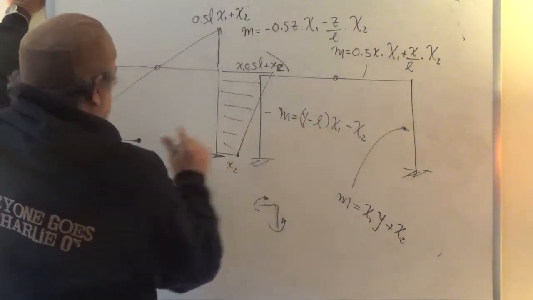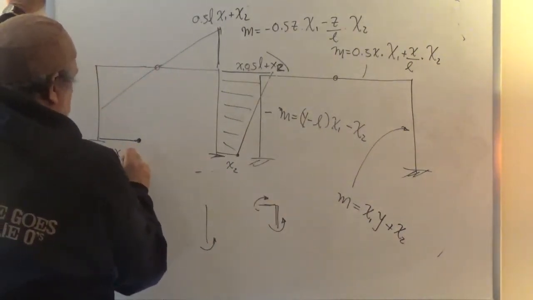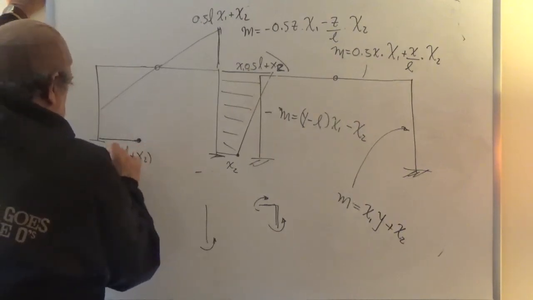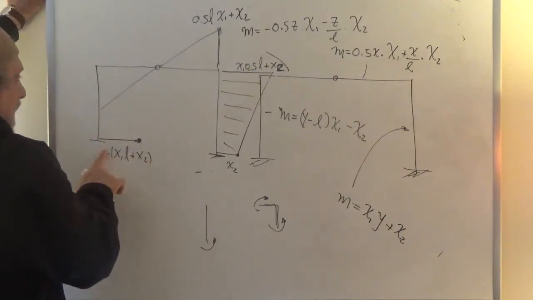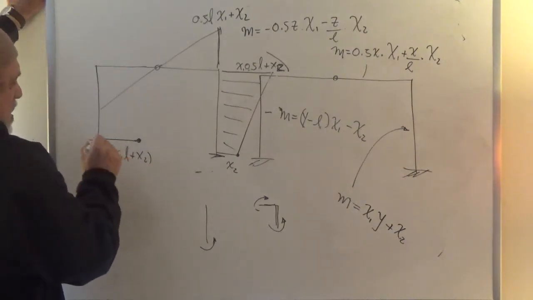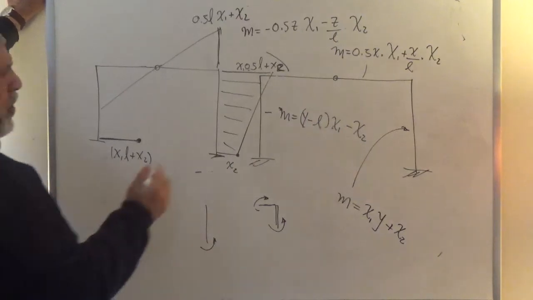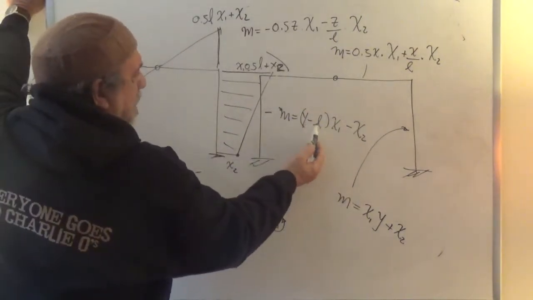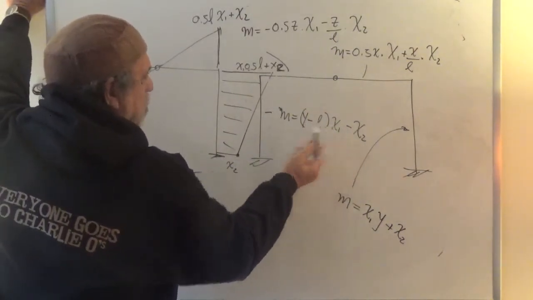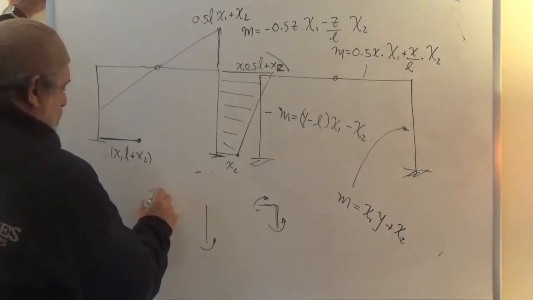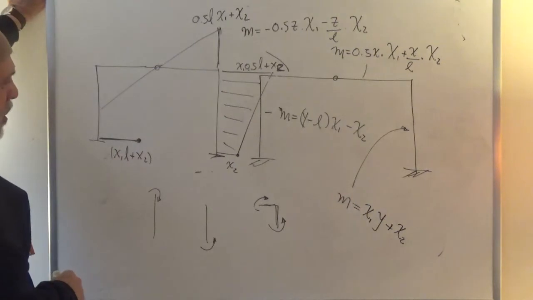When y is 0, as I said, it's x1L plus x2 with a minus, but the minus is already in the fact that I drew it to the left, so I'm not putting signs. It's a moment that produces compression on the inside of that much. When you get to the top, y would be L, this vanishes, and this would just be minus x2. So when you get to the top, it's compression on the inside of x2 only.